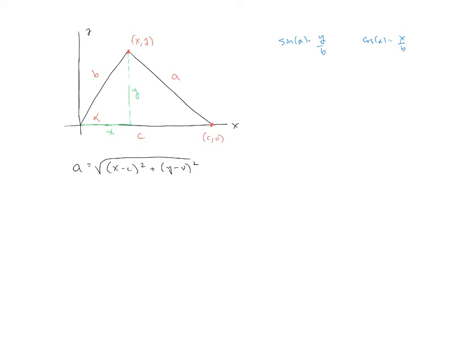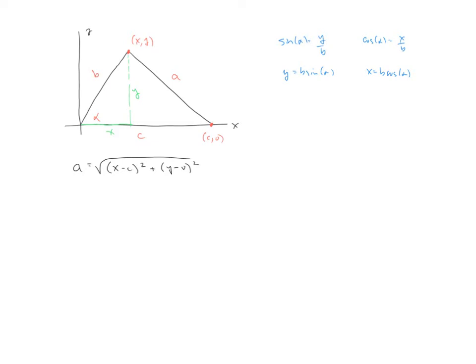Solving each for x and y, y equals b sine alpha, x equals b cosine alpha. I'm now going to take the y value and the x value and plug them in there and there. And in doing so, you'll see how I'm no longer dependent upon x's and y's anymore.